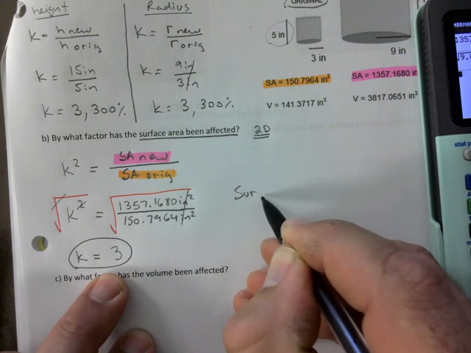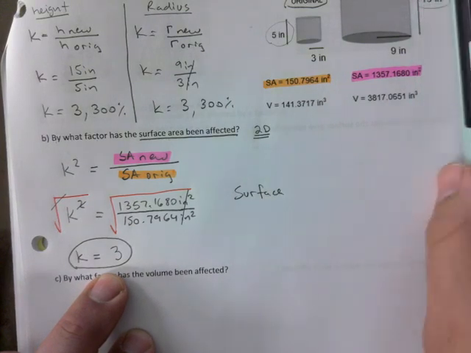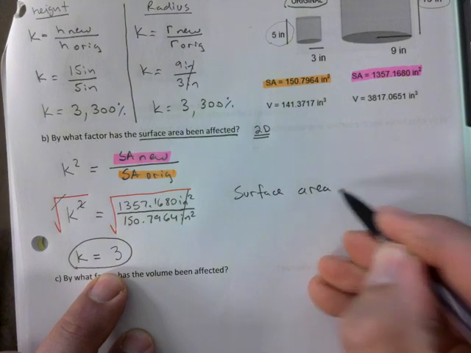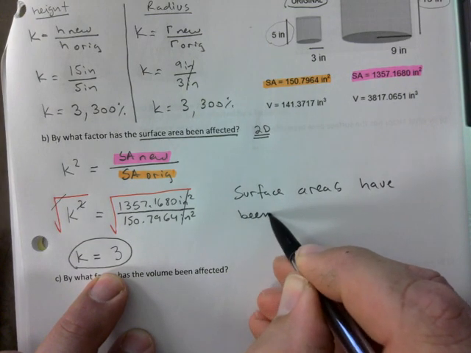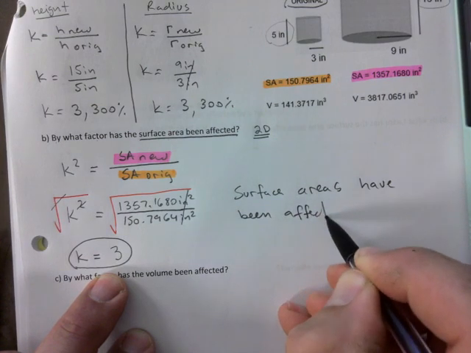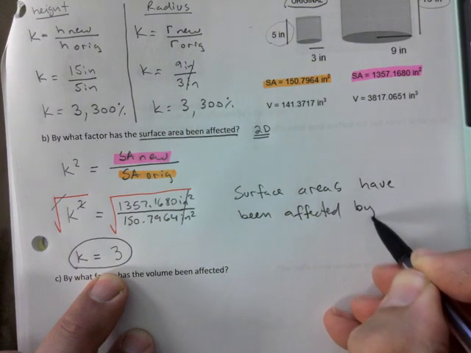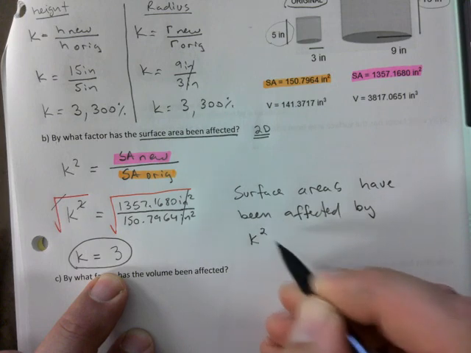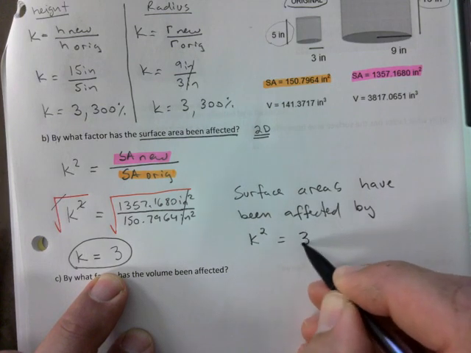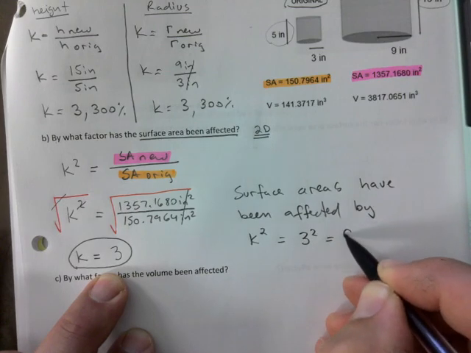Surface areas have been affected by k squared. So we have to say 3 squared, which is 9.